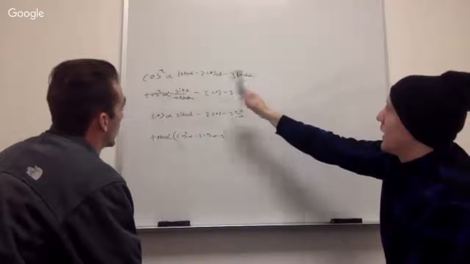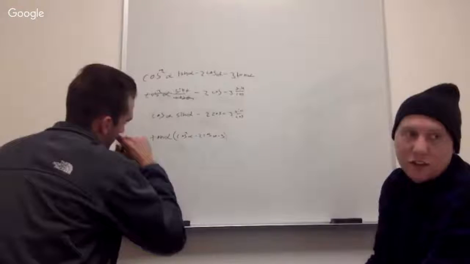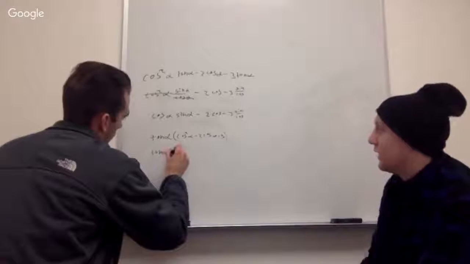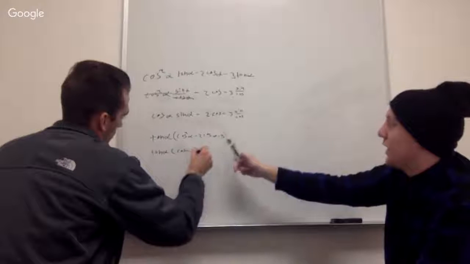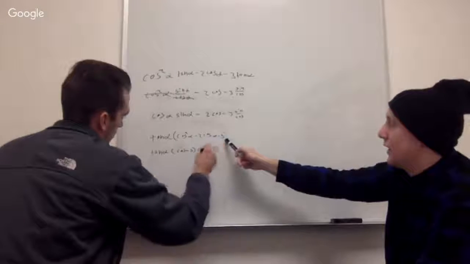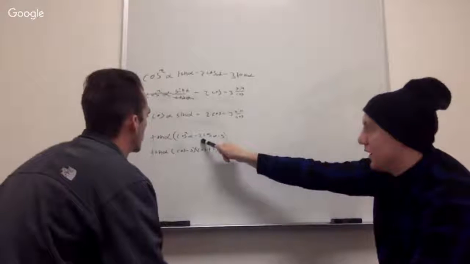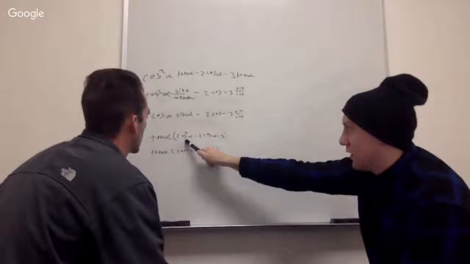So we take it out, we leave the 3, and if you factor this, it goes to cosine minus 3 and cosine plus 1, right? Because negative 3 times 1 is negative 3, and negative 3 plus 1 is negative 2. And cosine times cosine gives cosine squared.